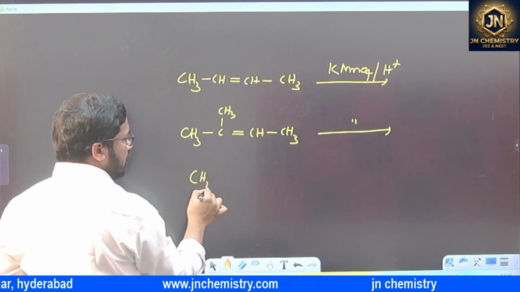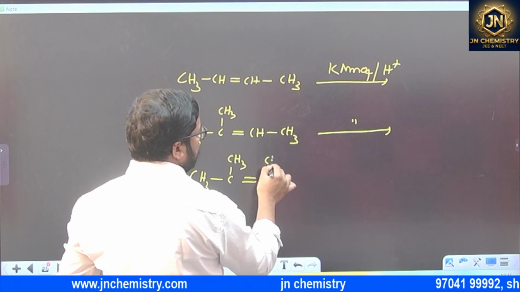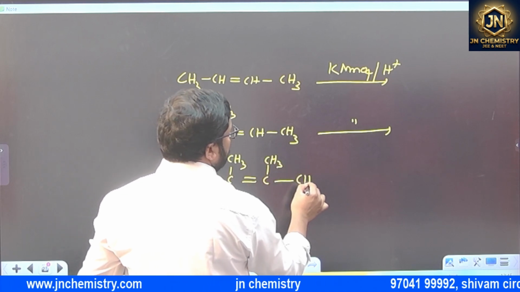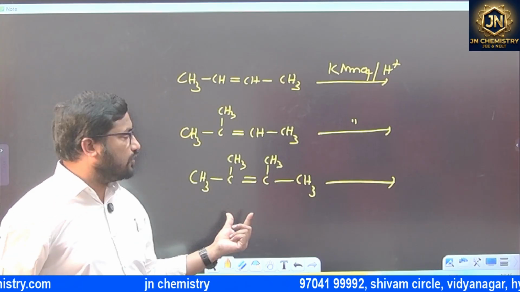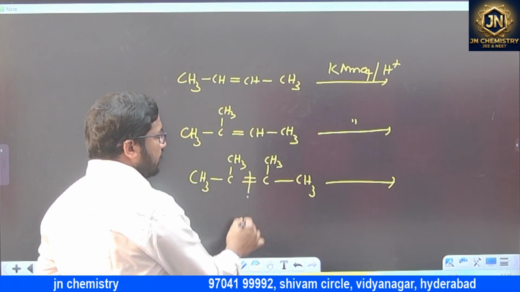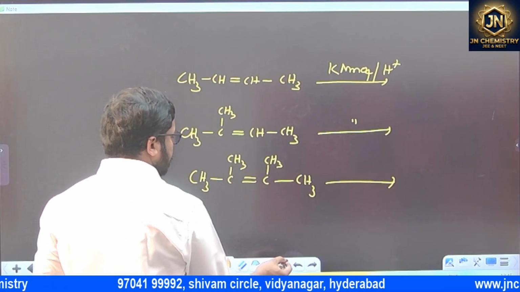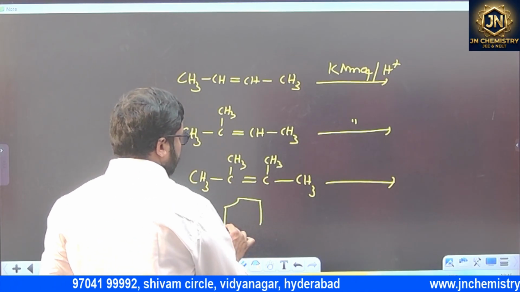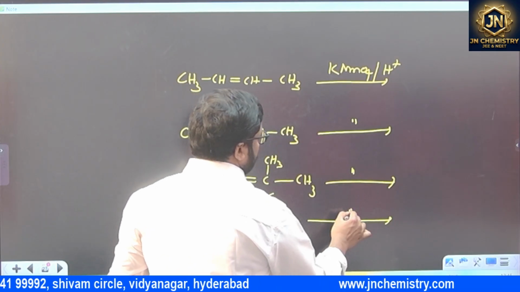Because we need to know the concept clearly, whatever they are asking in the question. In this case, if the double bond does not have any hydrogen, there is no need to do anything, directly we'll get 2 moles of acetone, directly like ozonolysis, right?